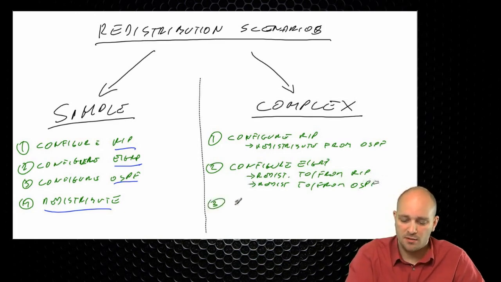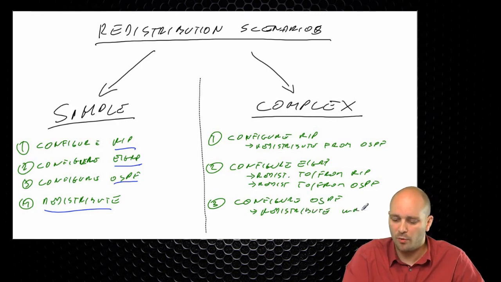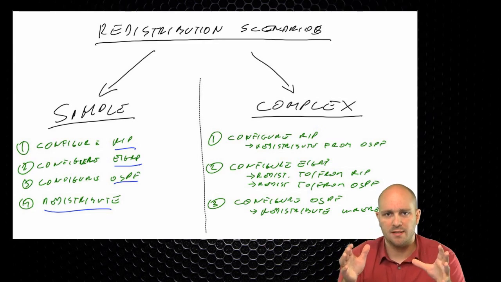Task number 3 says configure OSPF, and it says here redistribute, for example, where needed. Whatever that may mean. Now, this is a lot more complicated scenario.